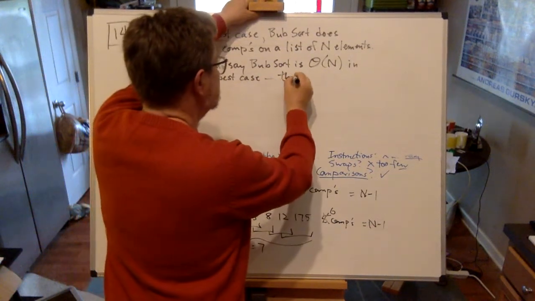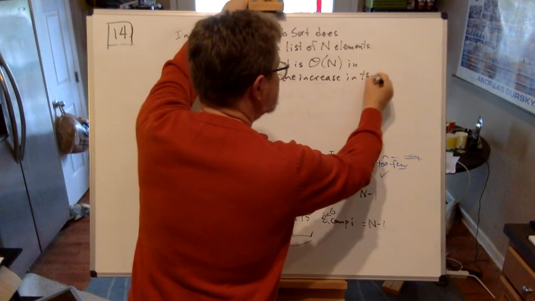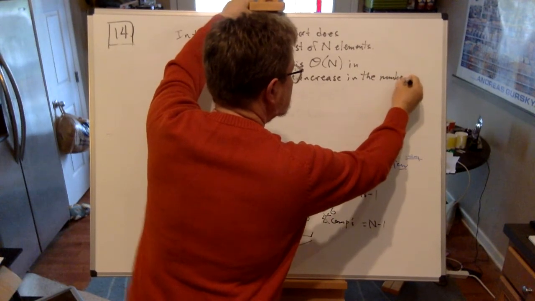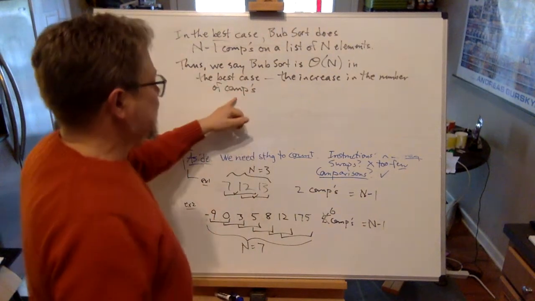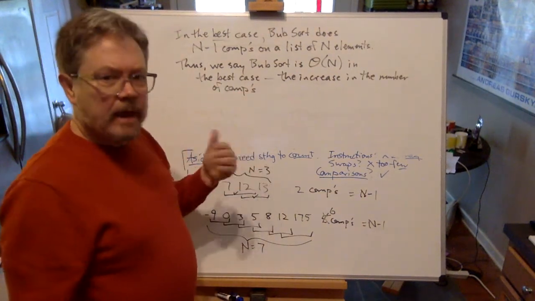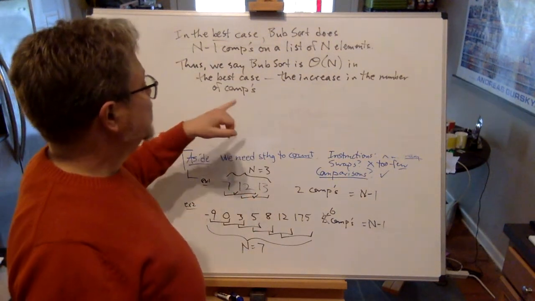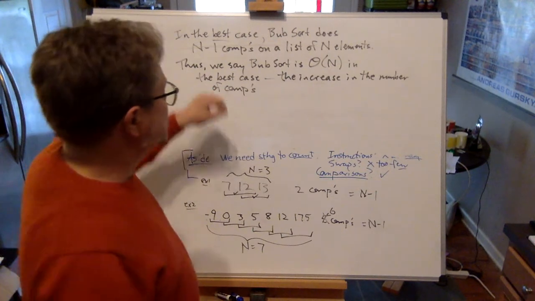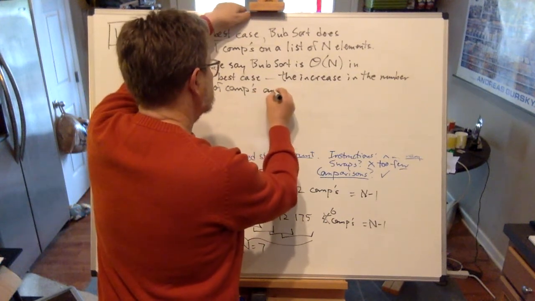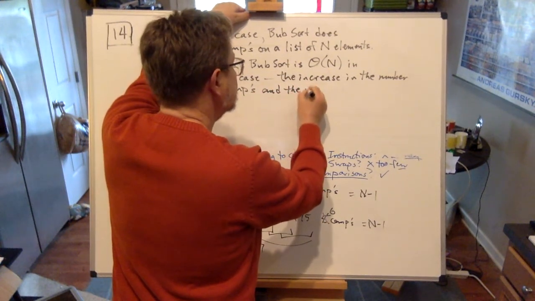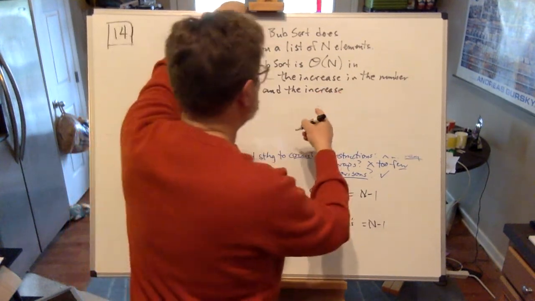Order n. The increase in the number of comparisons, and since we're using that as sort of an indicator indirectly of how many instructions are going to have to be executed for bubble sort to operate, we can also expect that it's going to describe the increase in the runtime, the time it takes to run your program in milliseconds or whatever we're using as our measurement.